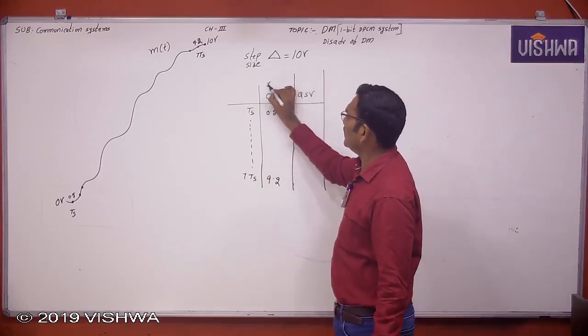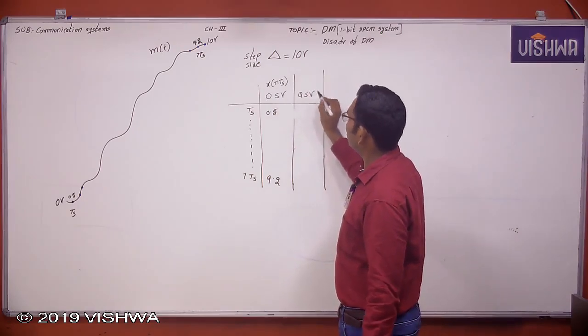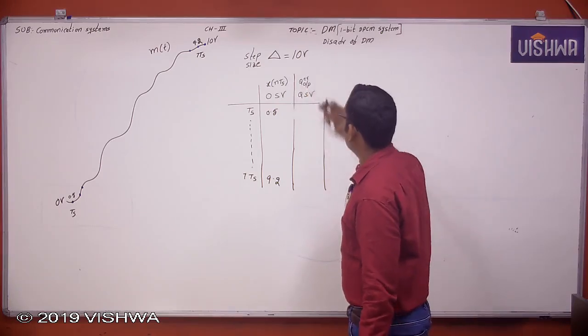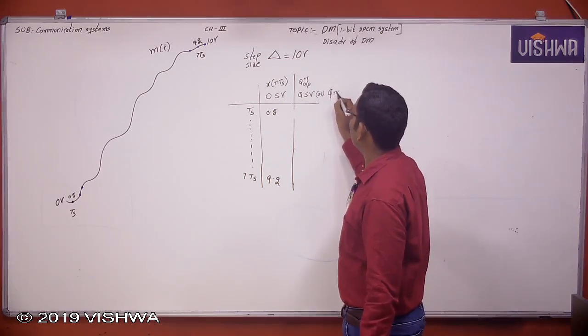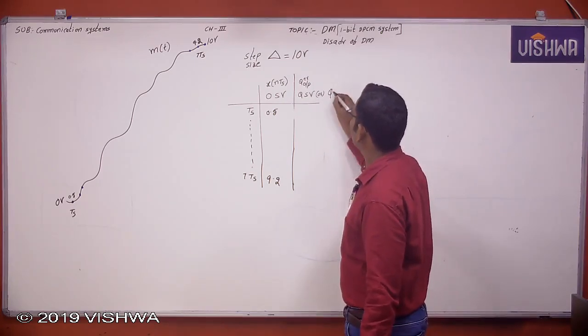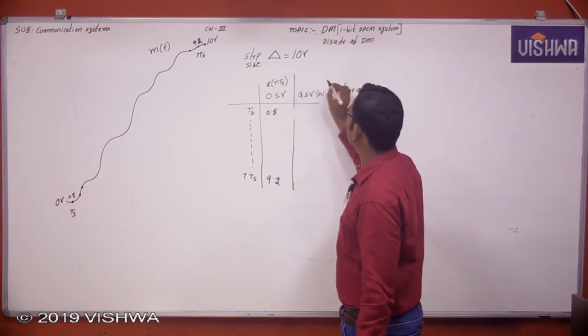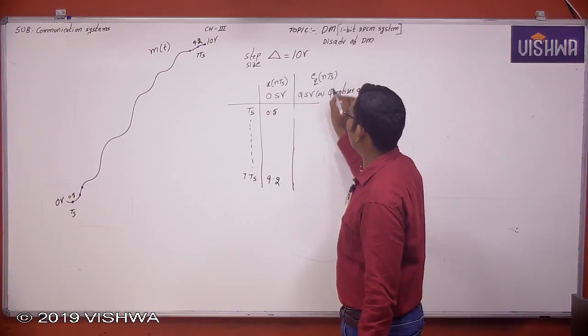This is the quantizer output, the quantized sample value, which in our notation is xq of nTs.